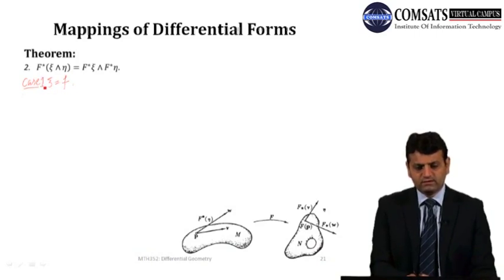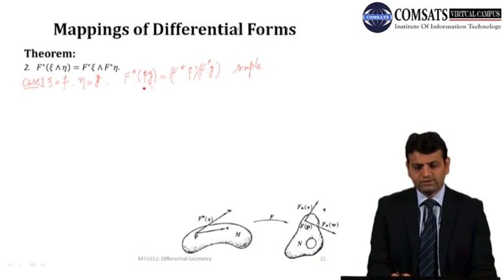So basically xi is a function f and eta is also a function, let's say g. Then this is very simple, so this is just F upper star of fg. So it is very easy to prove that this is equal to F upper star f into F upper star g. So this is simple.